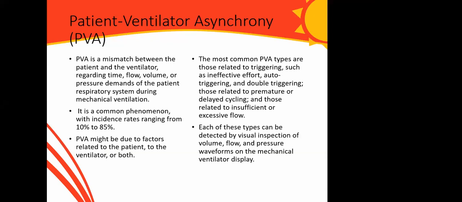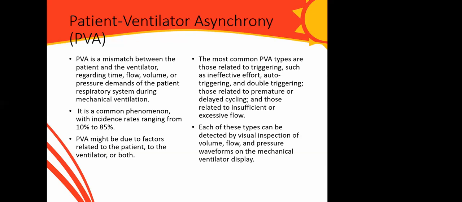So the flow goes as one. But in ineffective triggering or double triggering, instead of triggering once, the patient triggers twice. So the ventilator senses it and provides flow twice, assists twice. And this may lead to a lot of mishap that we're going to look at.